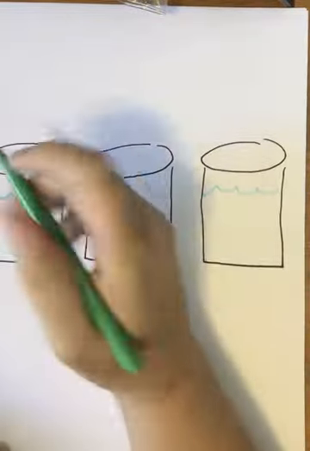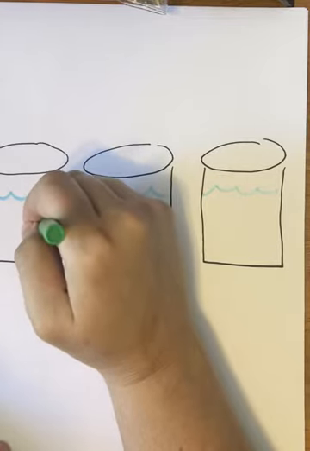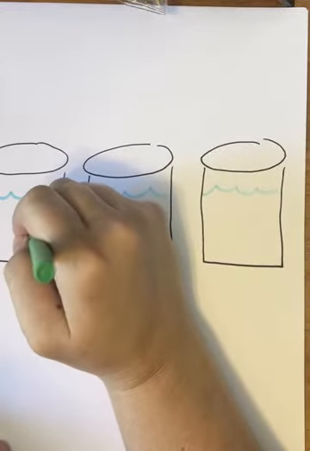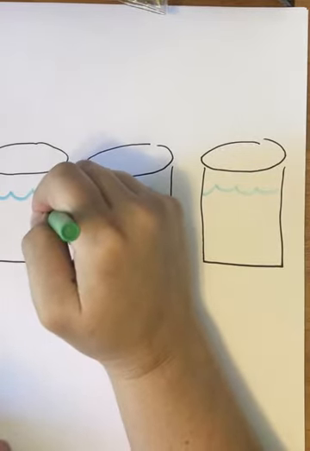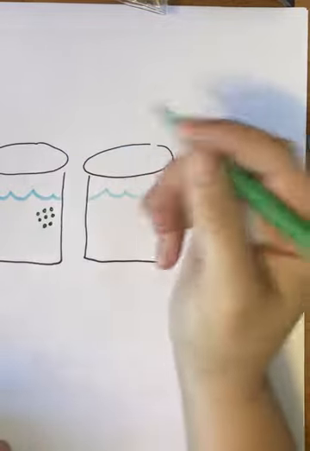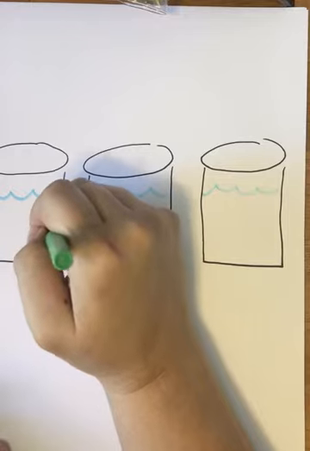So this one we're going to say is an isotonic solution. So we can say that we have a certain amount of solutes compared to solvent. So this is my solute. NaCl is my solute.